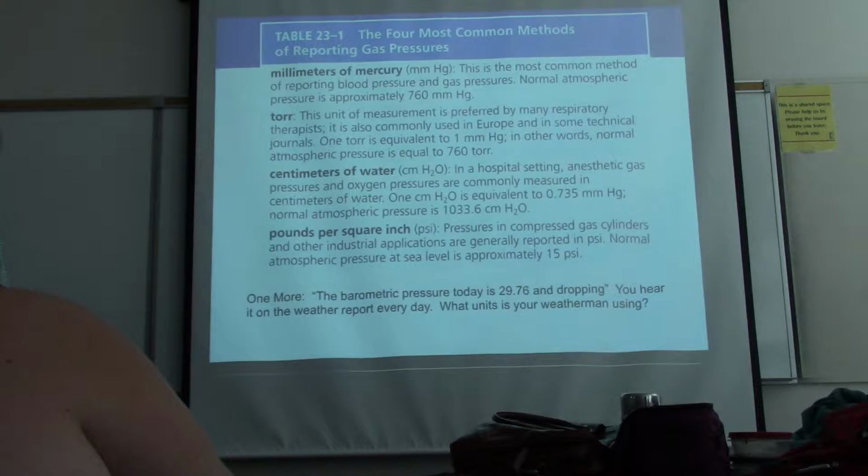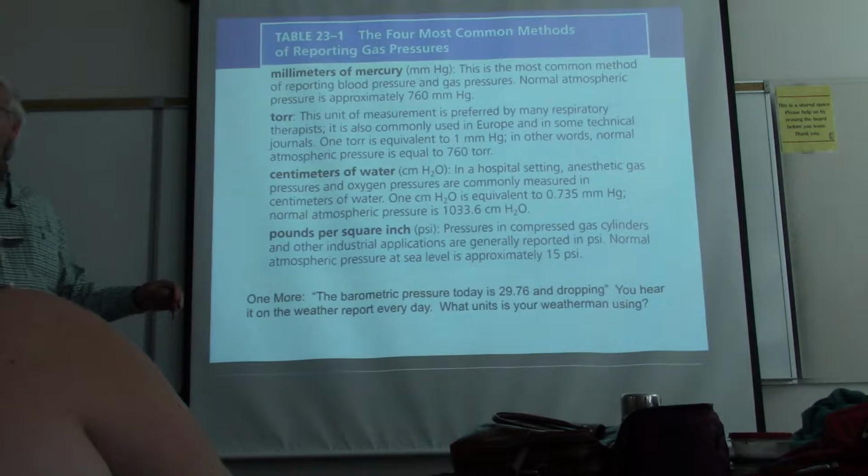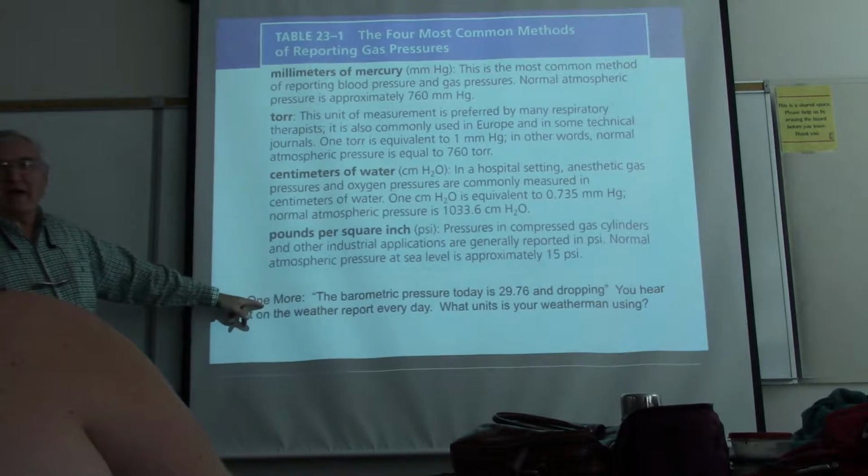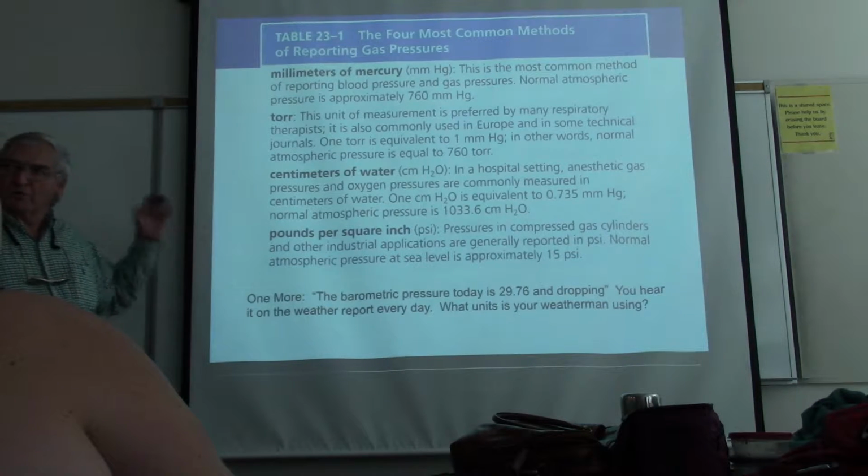What the hell does that mean? It's measuring mercury. In what? Inches. That's inches of mercury. Okay? I'm always amazed that our weather reports always come in that unit, inches of mercury.